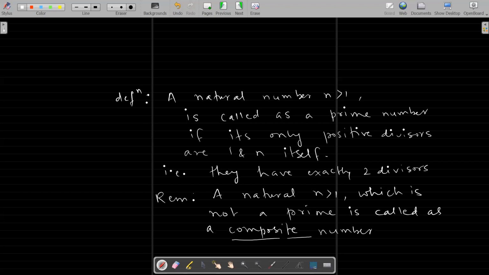So a composite number is a number which has more than 2 factors, that is, it has proper divisors other than 1 and the number itself. So they have proper divisors, or 2 or more divisors. But exactly 2 divisors is the case of a prime. Those which have more than 2 divisors are composite.